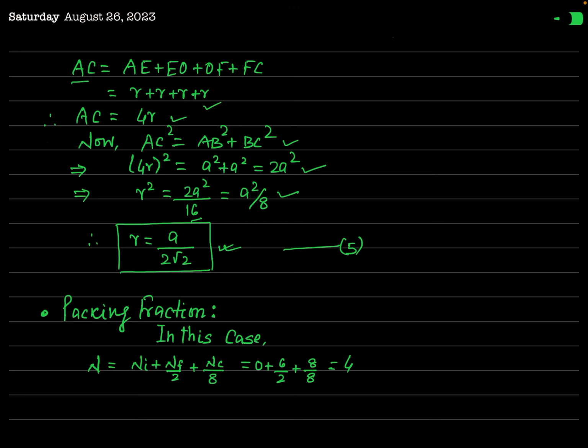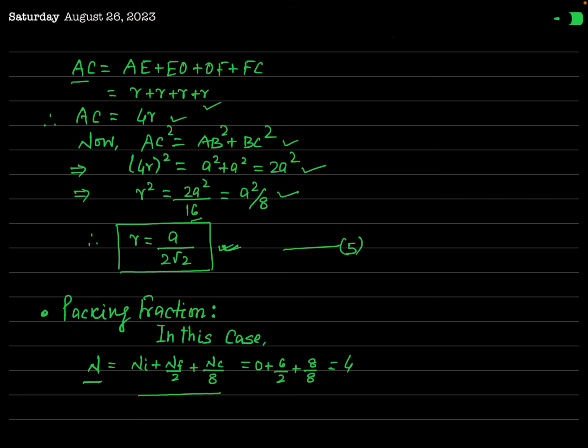Now, after knowing the expression for the radius in the case of the face-centered cubic lattice, we will see what the packing fraction will be. For getting the packing fraction, first of all we will calculate N, the number of atoms contained in this unit cell. For this you know the formula: Ni plus Nf by 2 plus Nc over 8.